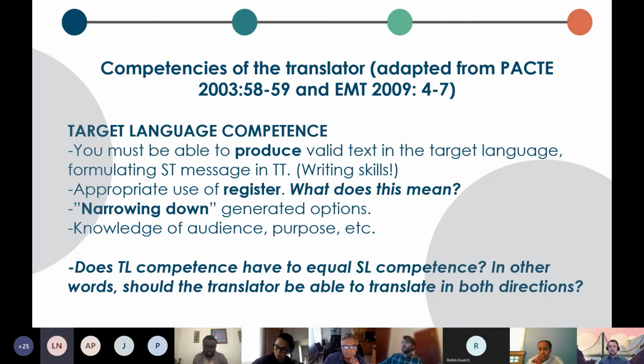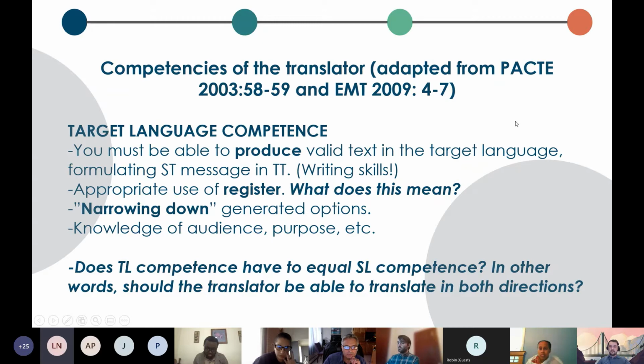And also there are a good amount of people who reach full bilingual proficiency in both languages so that they can translate between them. But like I said, usually the expectation is that you translate only into your target language. And this requires a different skill set. That's why this is a different competence than source language competence.